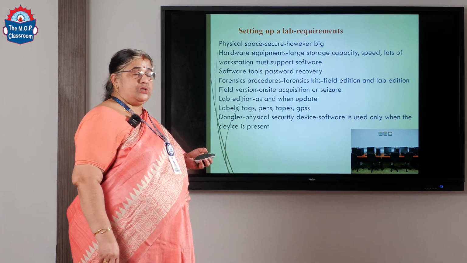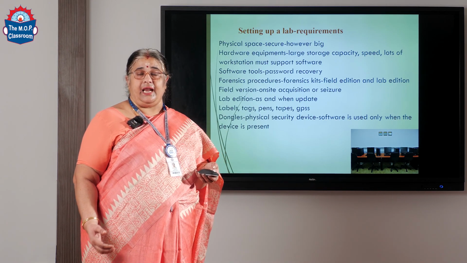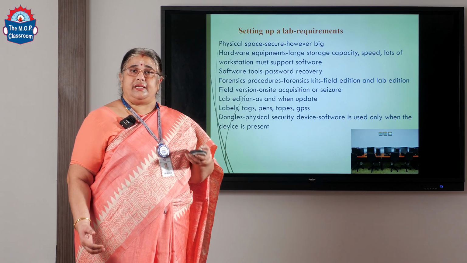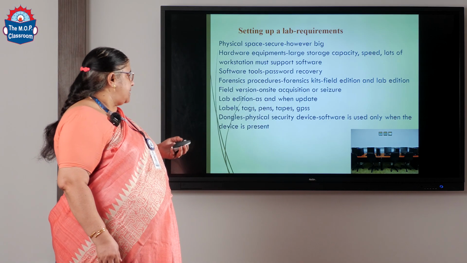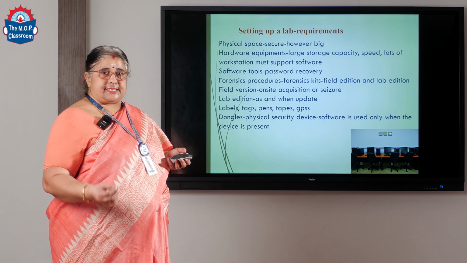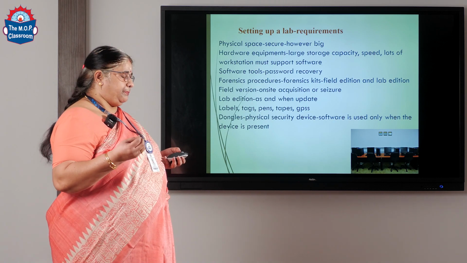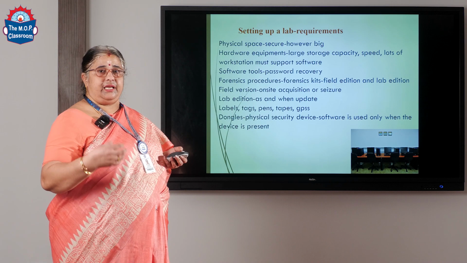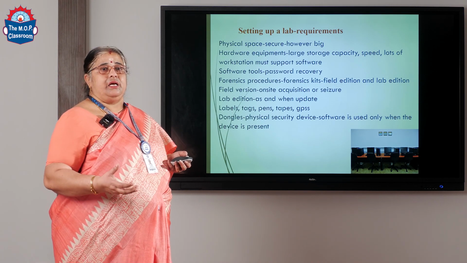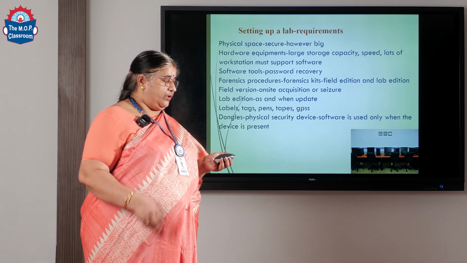And there will also be a lab edition, wherein we bring back the evidence collected and investigate whether it is important or not. And then the labels, and any secondary storage, for example a dongle or a pen drive or a disk tape, all these things are the requirements that will be needed to build a lab for cyber forensics.